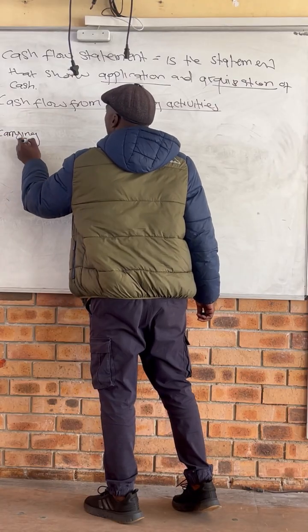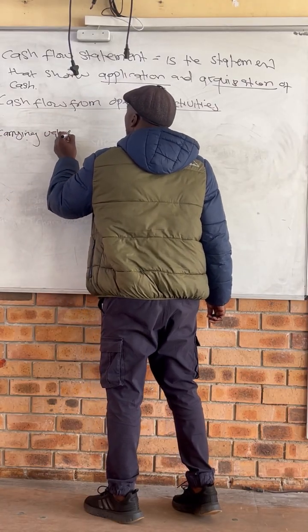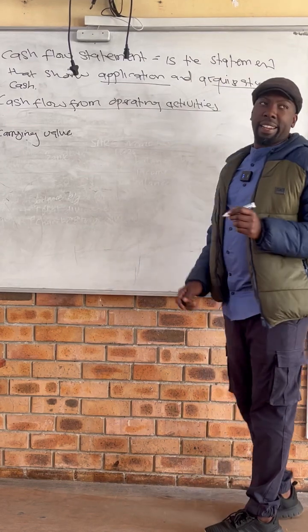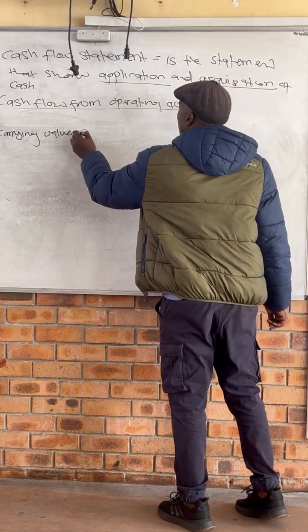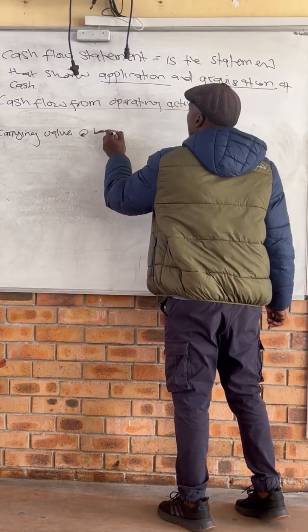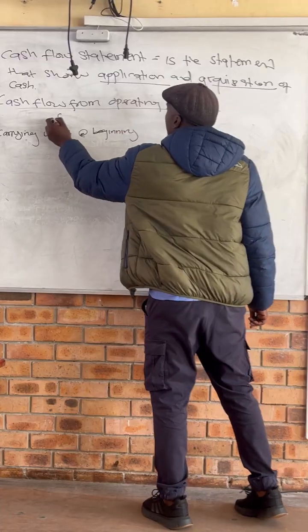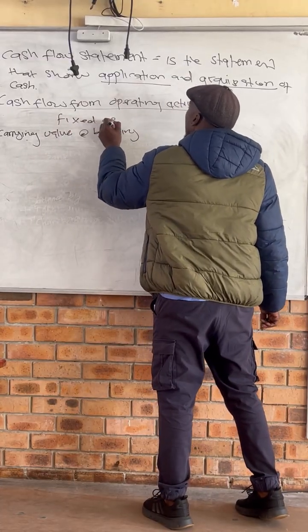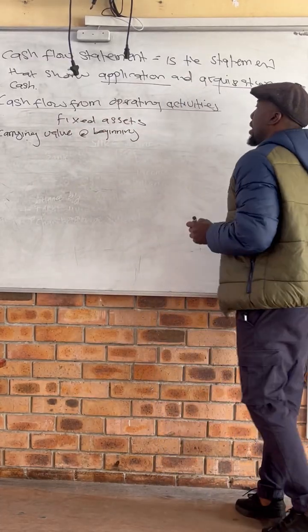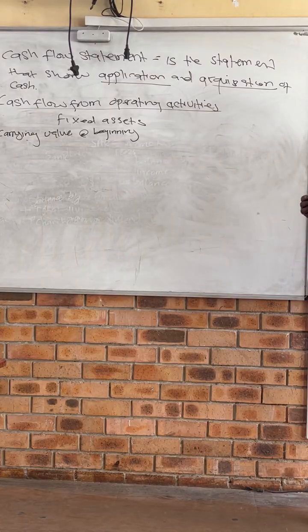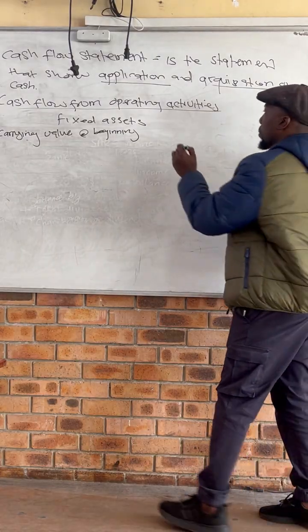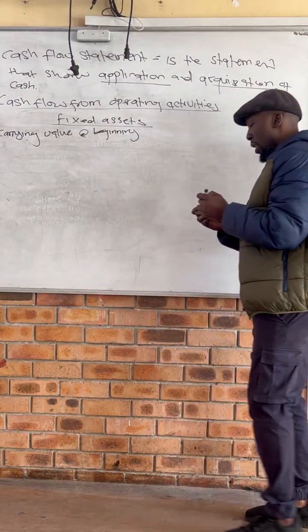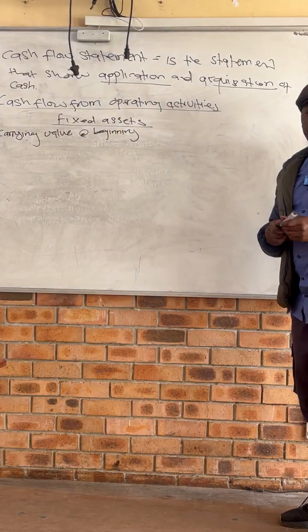I told my learner, okay, current value. In order for us to get a current value at the end, here's our current value at the beginning. Here's our fixed assets. Now, I said we have an equation here. In order for us to get the carrying value at the end, we are going to have our carrying value at the beginning.